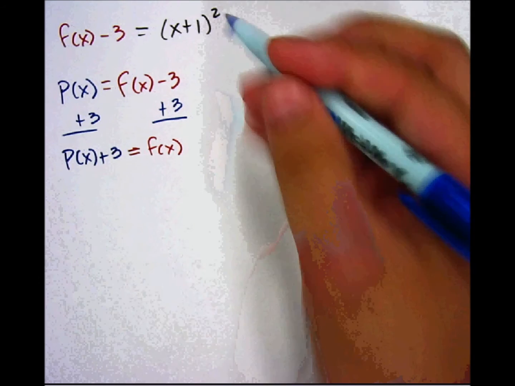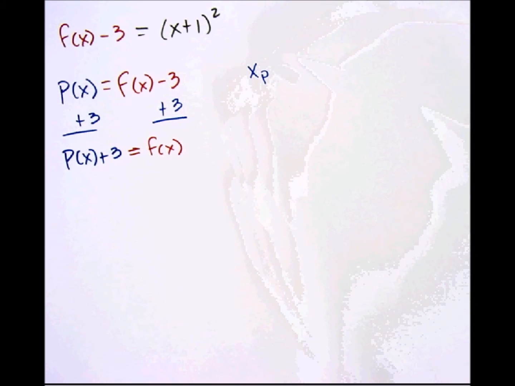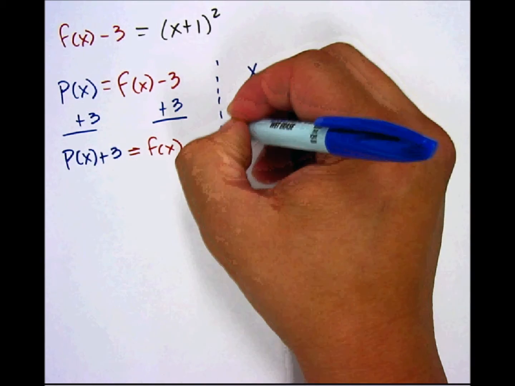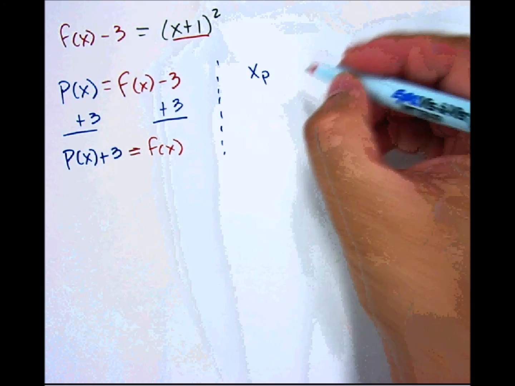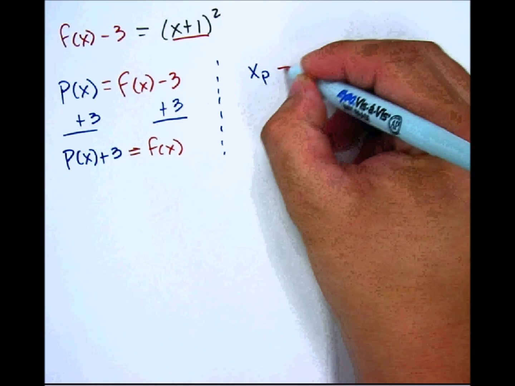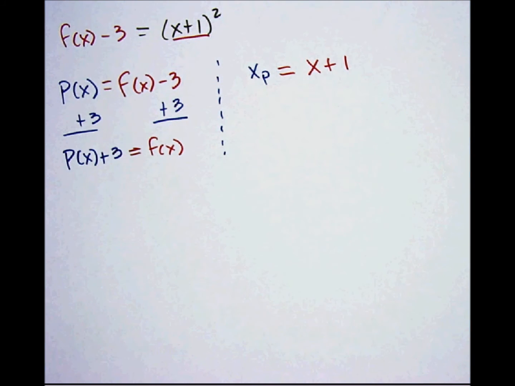Similarly, what do you got to do to the x's from the parent function? Well, we now know that for f of x, if I add 1 to the x's from f of x, I will get back to the parent function.